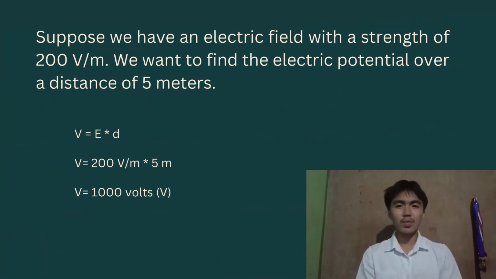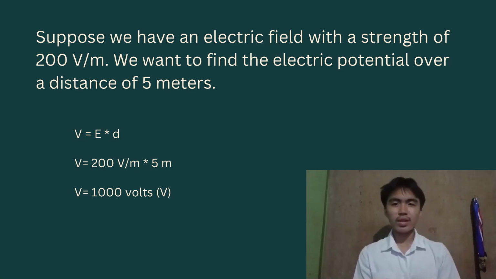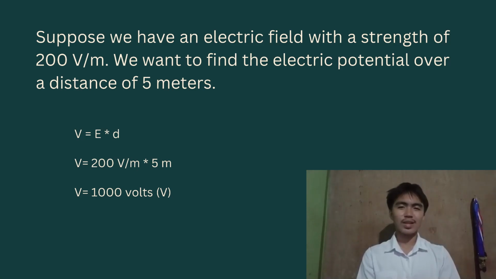Let's go to an example to demonstrate the relationship between electric potential and electric field. Suppose we have an electric field with a strength of 200 V/m. We want to find the electric potential over a distance of 5 meters. Using the formula, we can calculate the electric potential as follows.